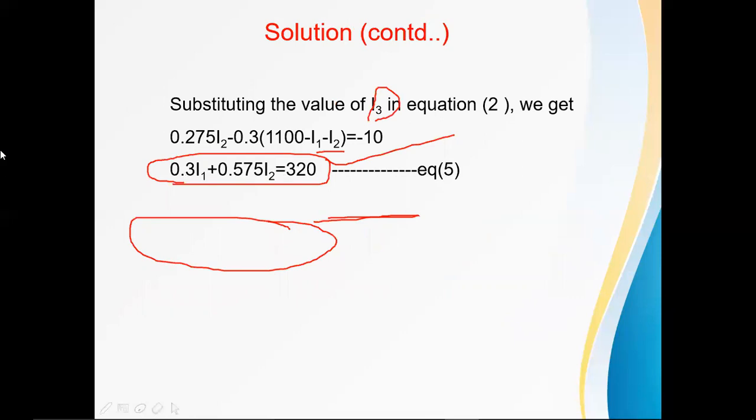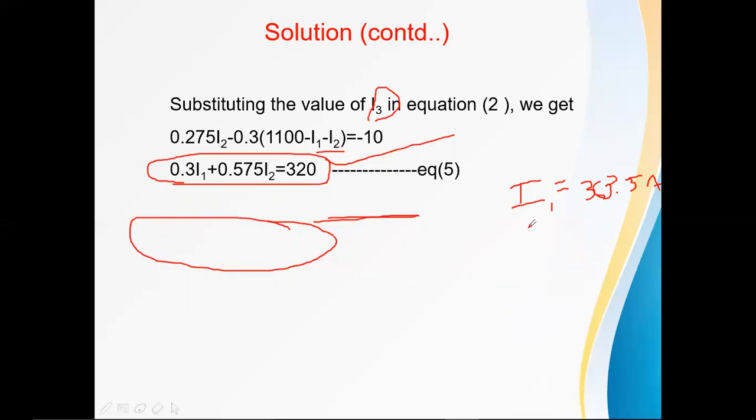Equation 5 is 0.3 for the unknown I1 and 0.57 for the unknown I2, equated to 320. Then my I1 value will be 363.5 amps if you solve equations 1 and 5.